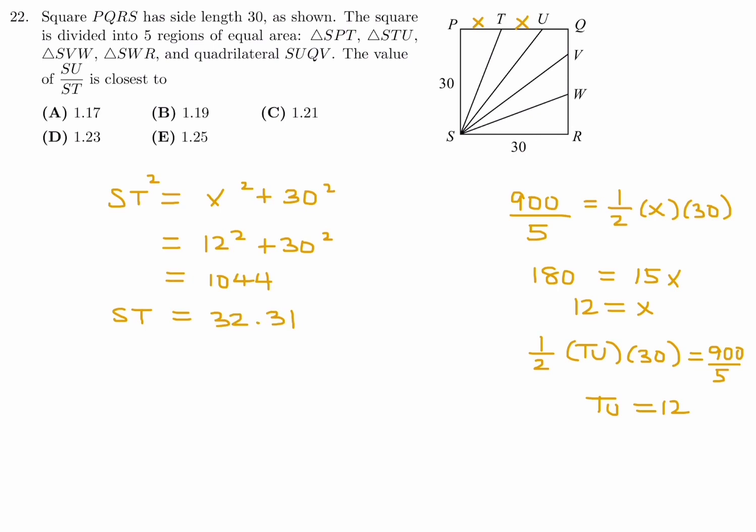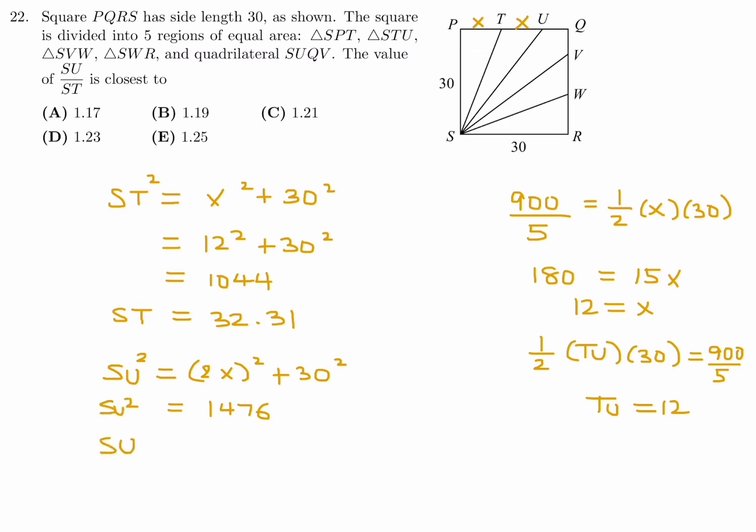Now, in a very similar way, we can figure out SU using Pythagoras again, but this time on this triangle right here. So this time SU squared will be equal to 2x squared plus 30 squared. So that's going to be 2 times 12, which is 24 squared, plus 900, so 1476. And that's SU squared.